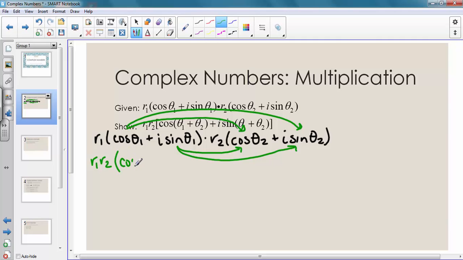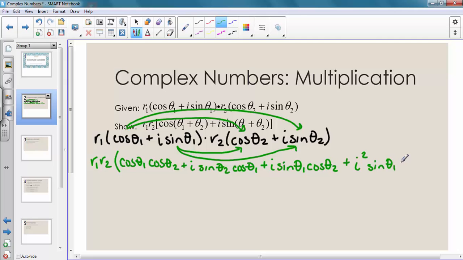So I'm going to get cosine of theta 1 times the cosine of theta 2, plus i sine theta 2 cosine theta 1, plus i sine theta 1 cosine theta 2, plus, our last term, we're going to have i squared times sine theta 1 sine of theta 2.